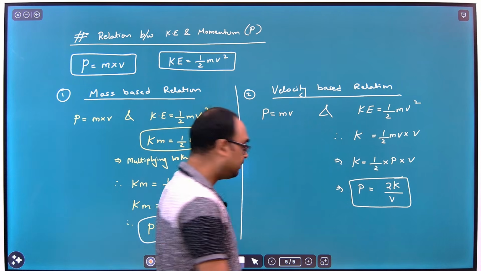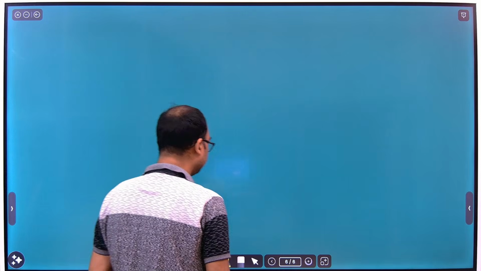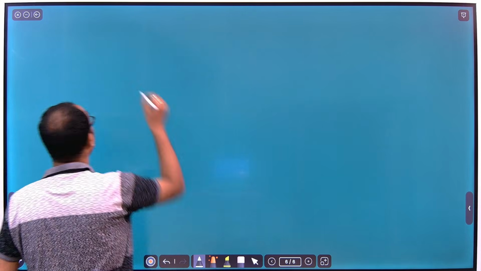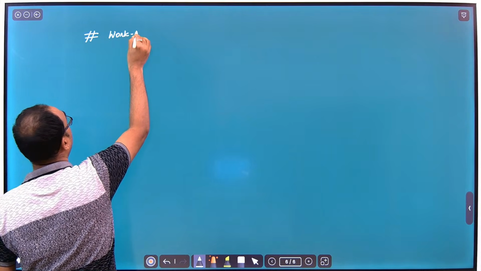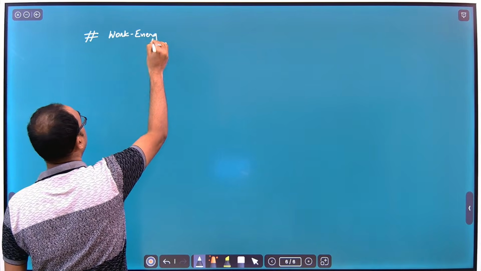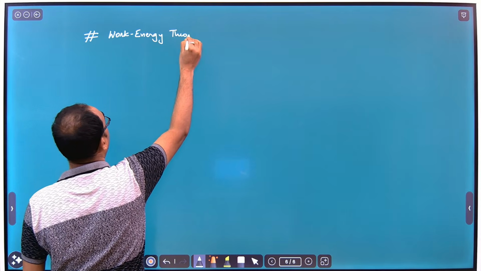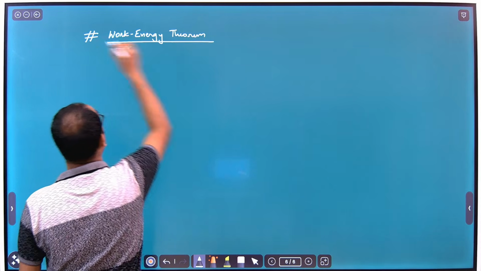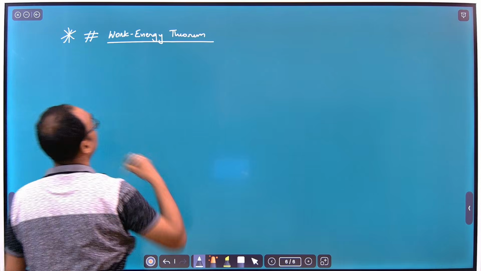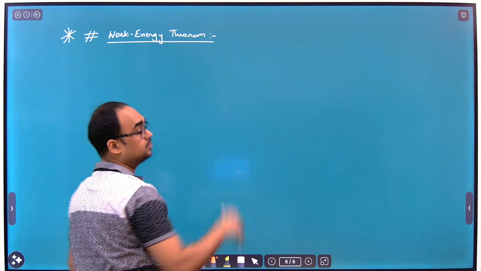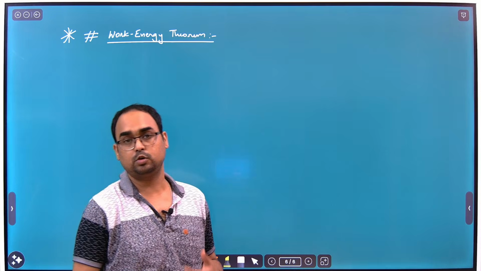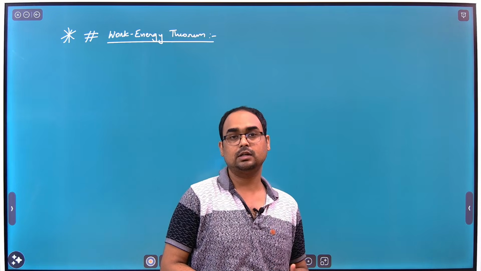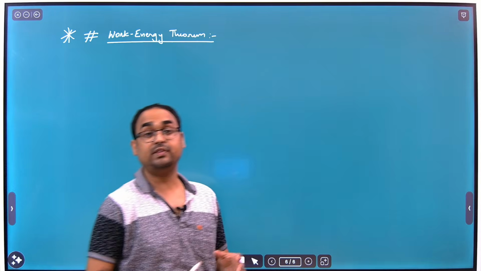Okay, now let's move to the next topic, that is the work energy theorem. It's a very important topic. What is the work energy theorem? It is the interdependence between work and energy. What kind of energy?